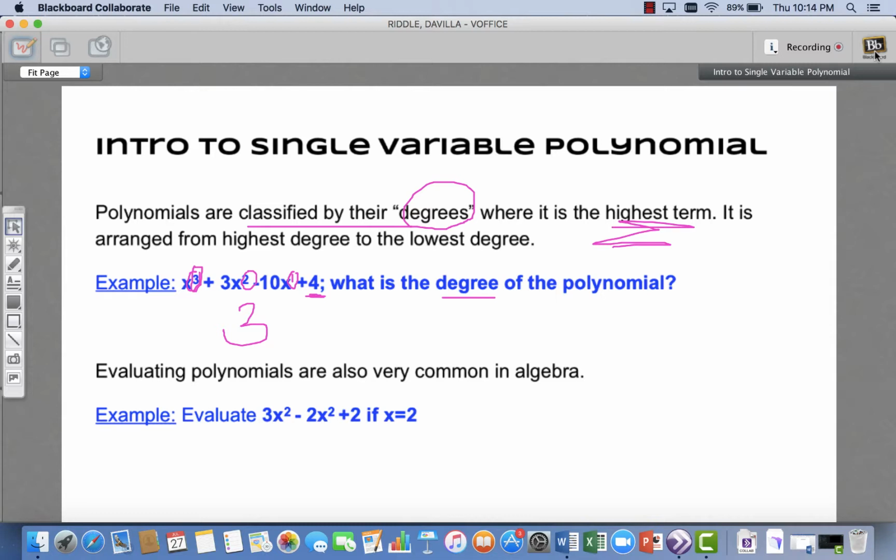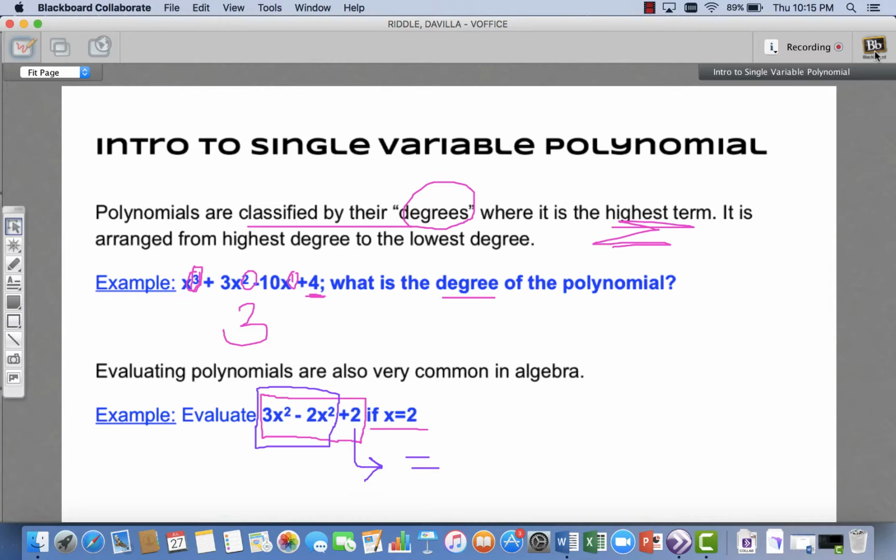So in algebra, it is also very common to evaluate polynomials. So if we take this problem, evaluate 3x squared minus 2x squared plus 2, if x equals 2, first we can clump together terms that are similar to one another. So you see here we have 3x squared minus 2x squared. So this can be reduced, and then we can bring this down.